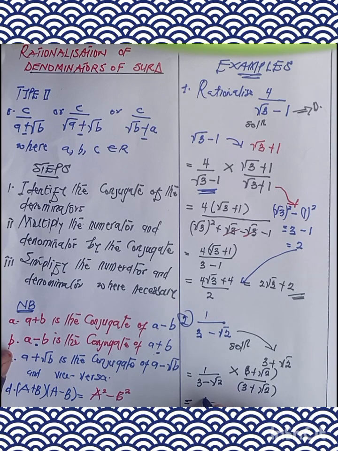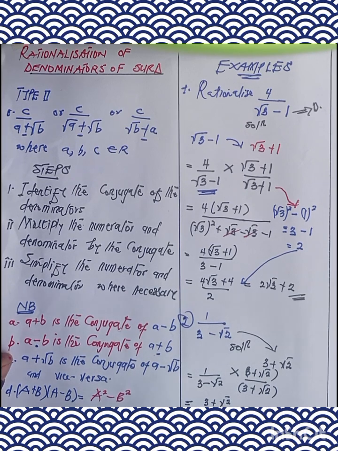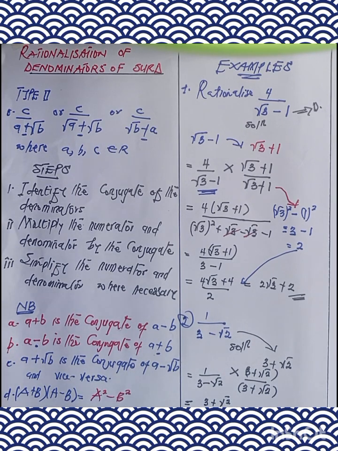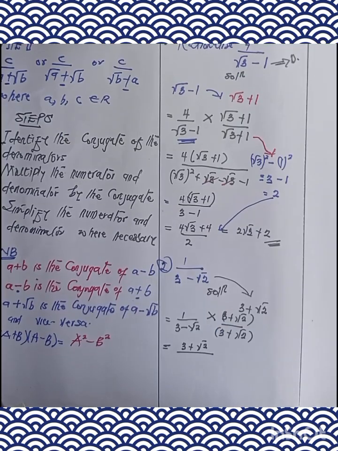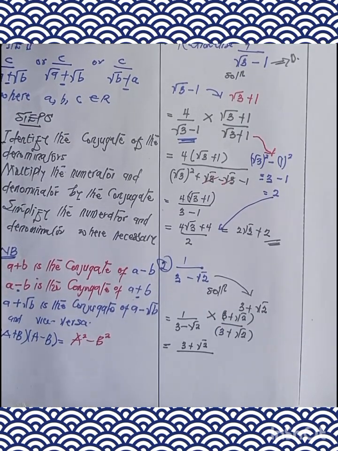We are getting the same 3 plus root of 2 all over. And here I'm going to apply the difference of 2 squares.